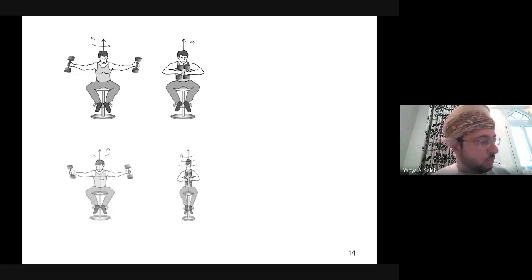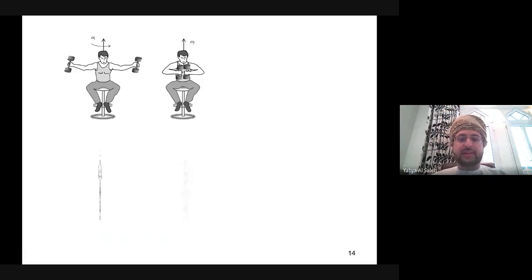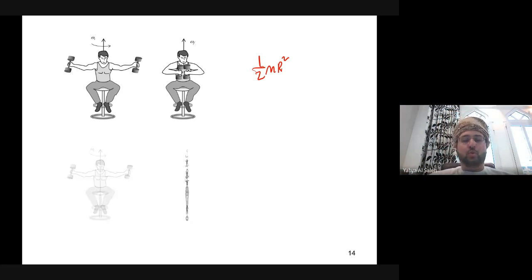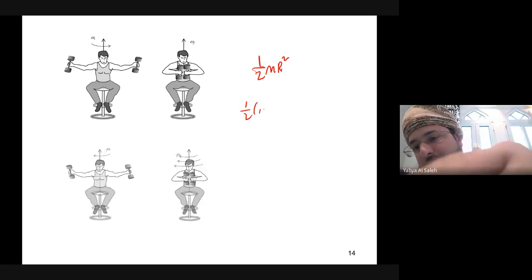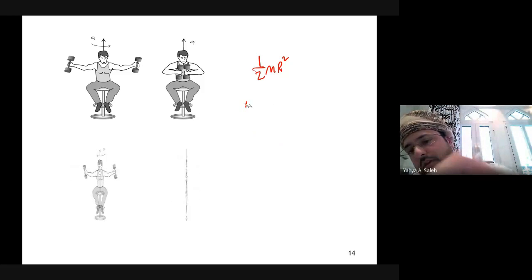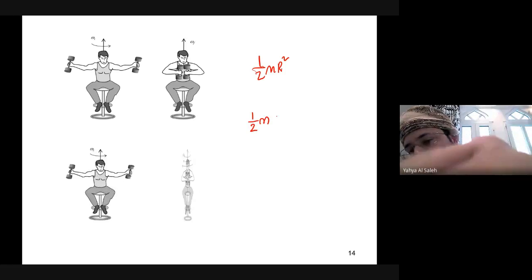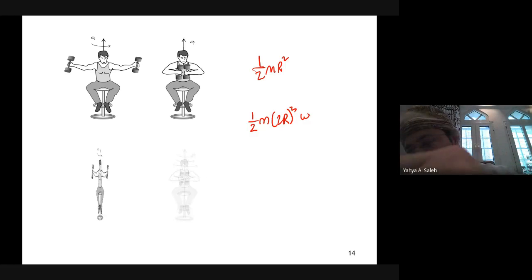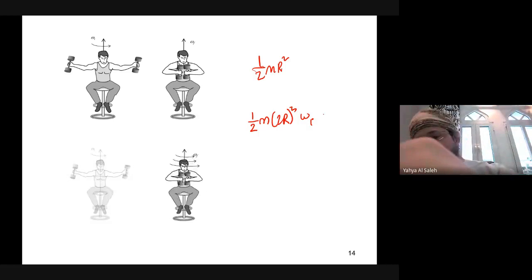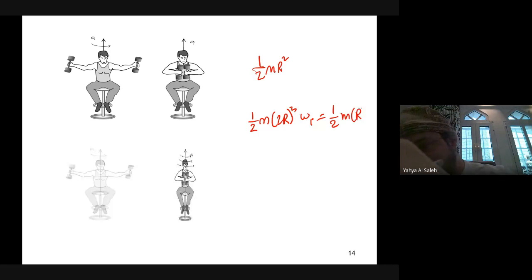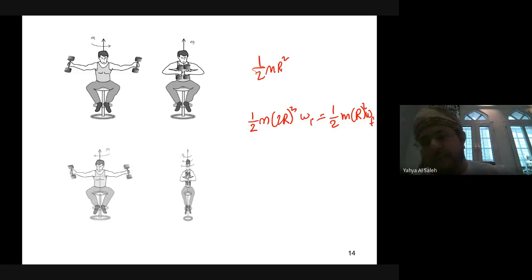I don't know exactly what the calculation is. If we assume he is a cylinder, then it's going to be half mr squared. So when he is out there, it's going to be half m 2r squared omega initial, and then he brings his hands in, so half m r squared omega final.